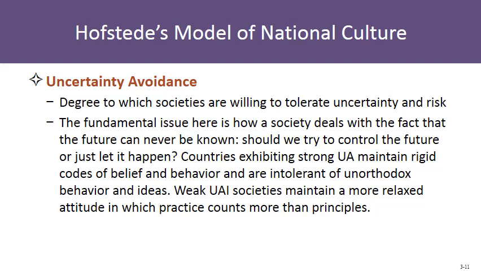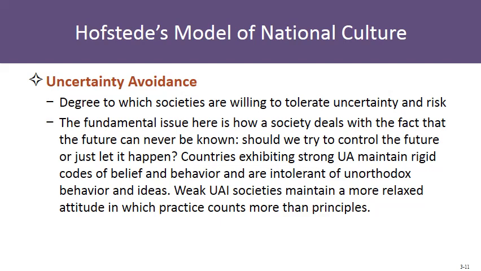So societies that exhibit a strong, high level of uncertainty avoidance tend to maintain rigid codes of belief and behavior and are very intolerant of unorthodox behaviors and ideas. So it's got to be very controlled. Everyone has to behave exactly alike according to the standard of behavior.